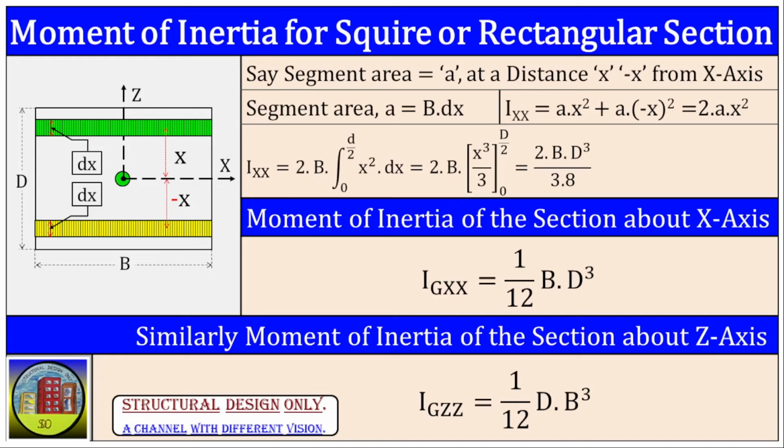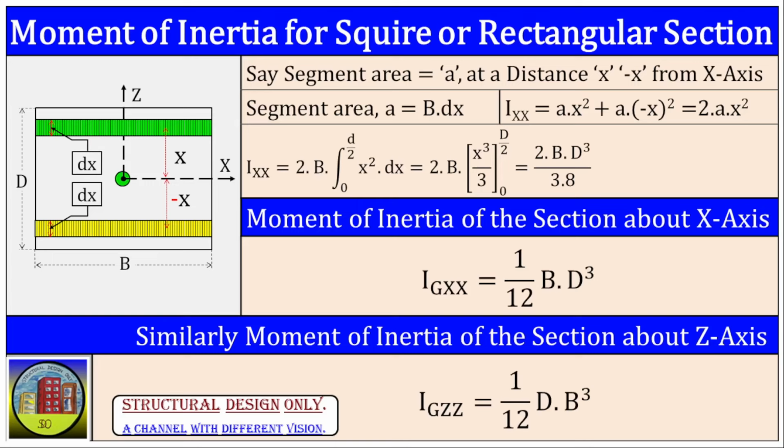Now the total moment of inertia of the section about the x axis equals 2 into b into the integration of x square, with lower limit 0 and upper limit d by 2. Therefore Ixx of the whole section equals 1 by 12 into b into d cube.